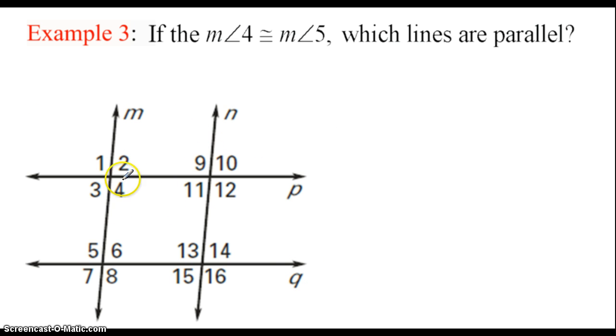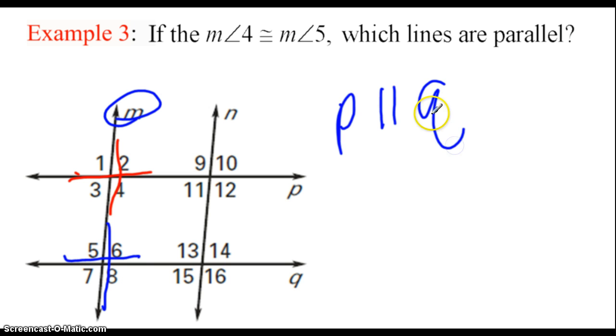So if we look at 4 and 5, what I like to do again is outline 4, outline 5, and then I say, well, which line has both colors on it? And you should notice that M has both colors on it, blue and red. So M is the transversal. So if M is the transversal, it proves that P is parallel to Q.